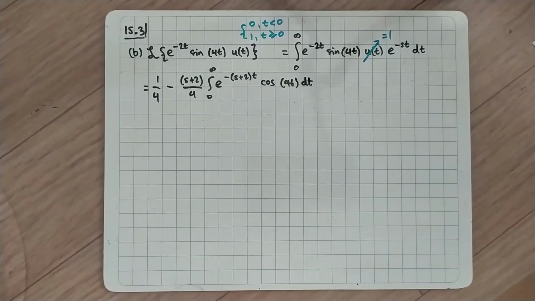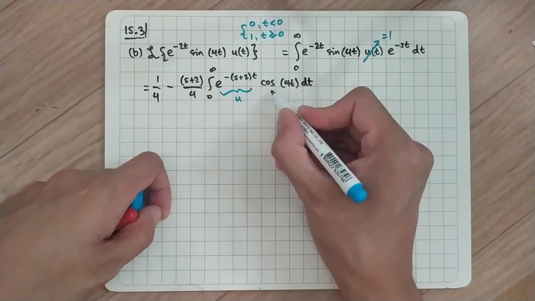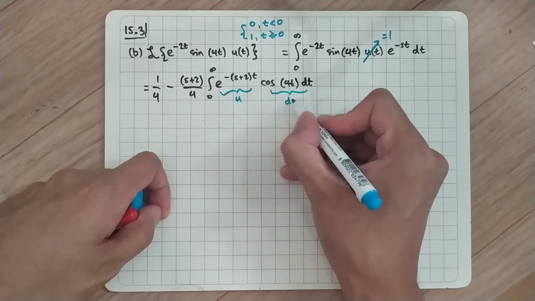So here we will have this as our u and this as our dv.